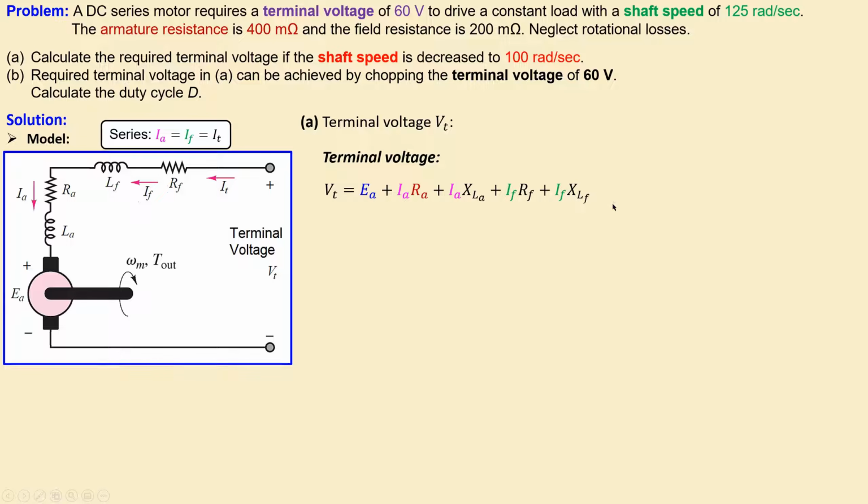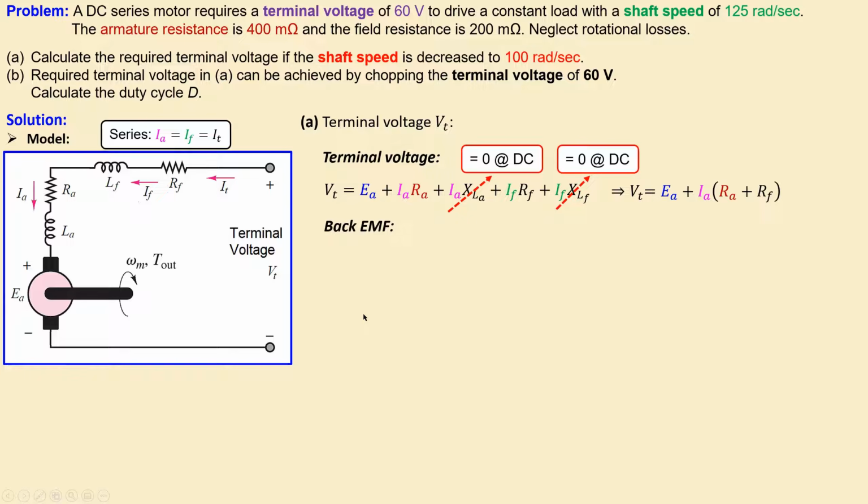That's shown here. We know that this is a DC system, so the reactances will be 0 for DC conditions. So these two voltages will be 0. Then we have the simplified expression for our terminal voltage. Okay, that's the condition for the terminal voltage.